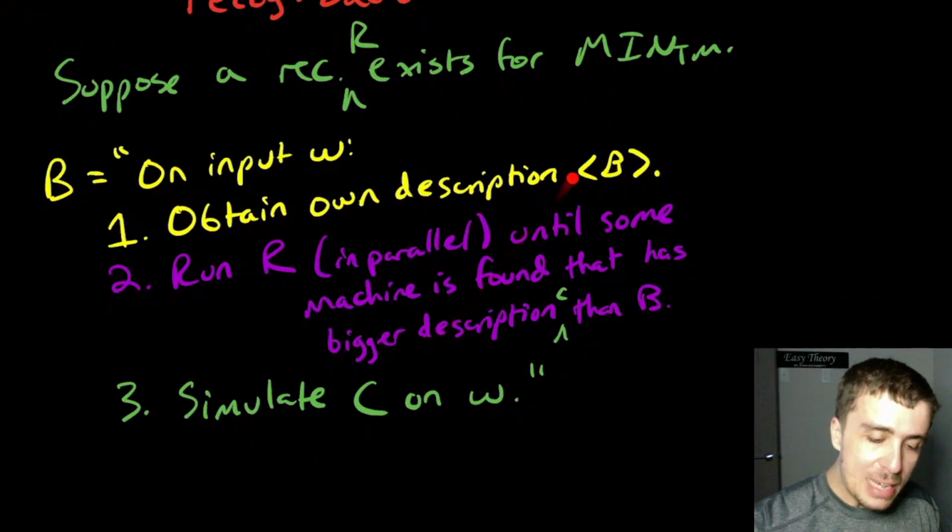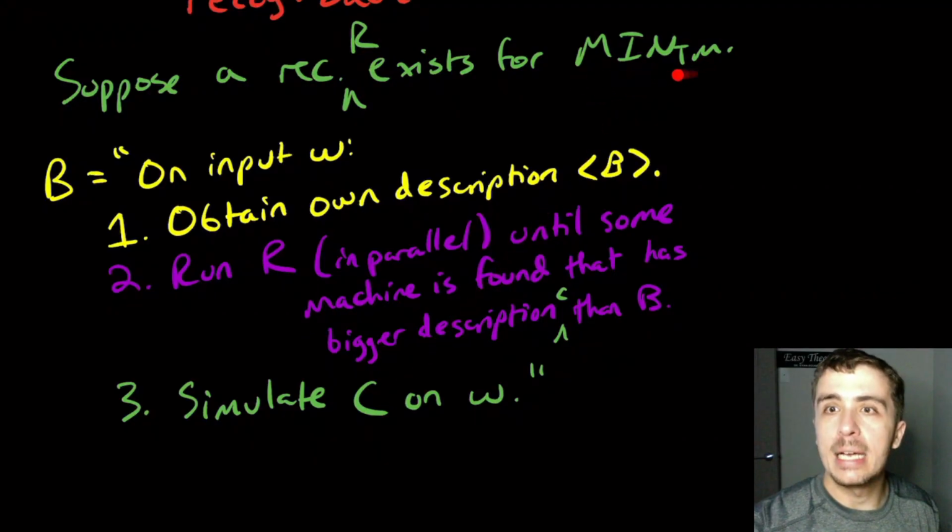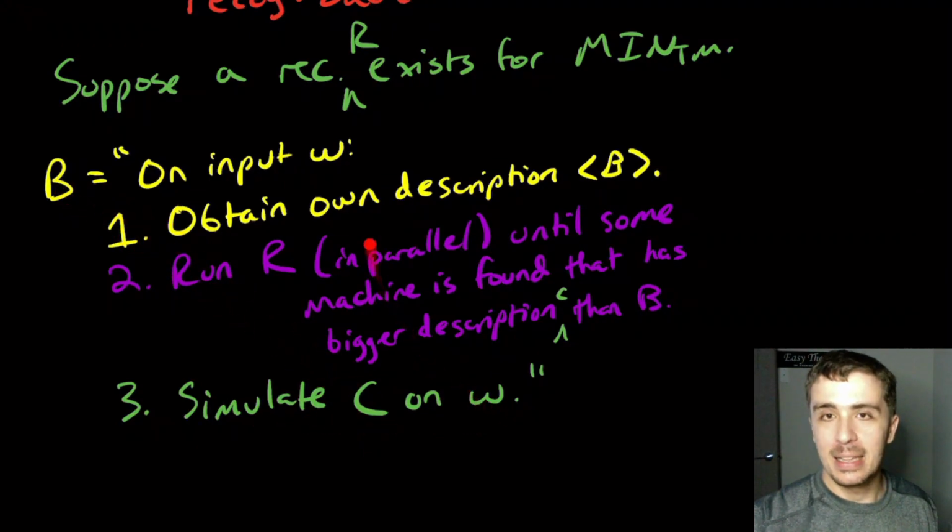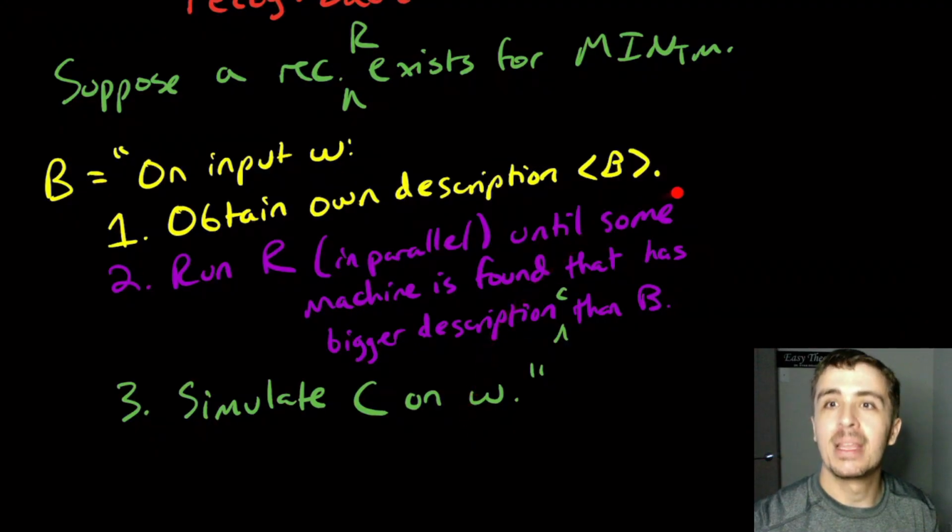Because C was found via the recognizer for minimum Turing machine, which means that it cannot have a smaller Turing machine for the same language by definition, because the min Turing machine recognizer found it. But the thing is, B and C are identical because they're simulating the same input. Whatever input B gets, that's what C does. It does exactly the same operations because we were able to obtain our own description.